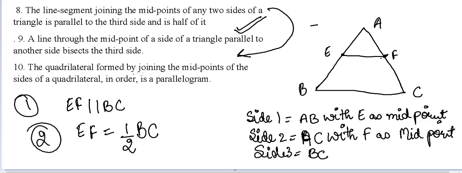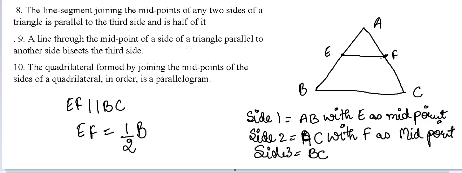The quadrilateral formed by joining the midpoints of the sides of a quadrilateral in order is a parallelogram. See, what does this mean?